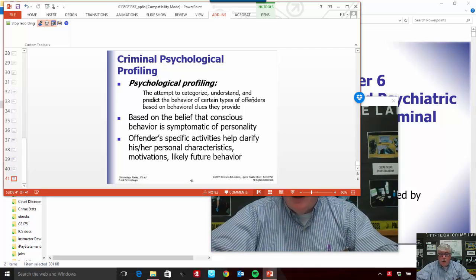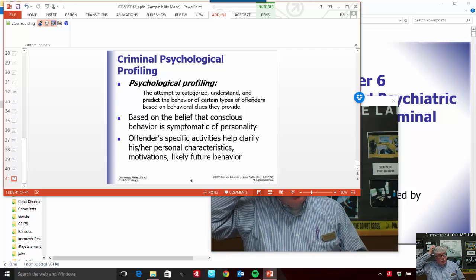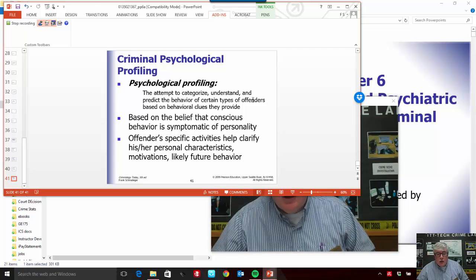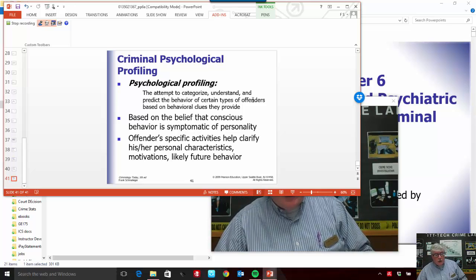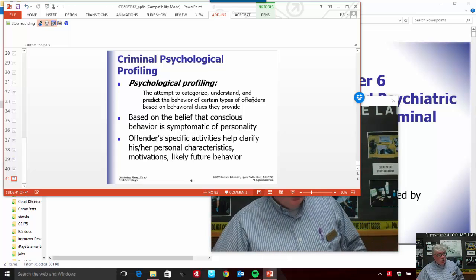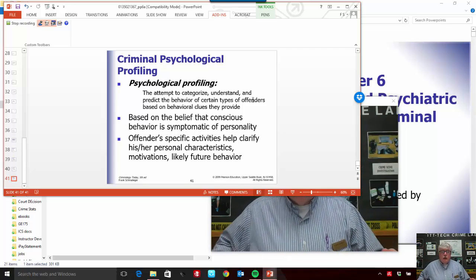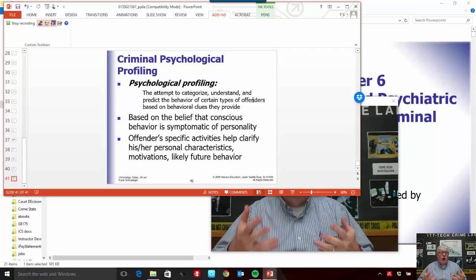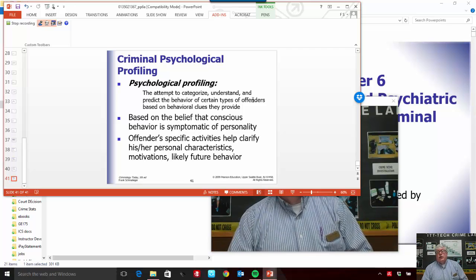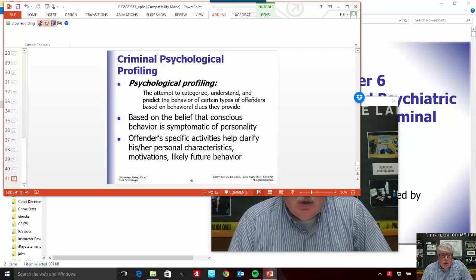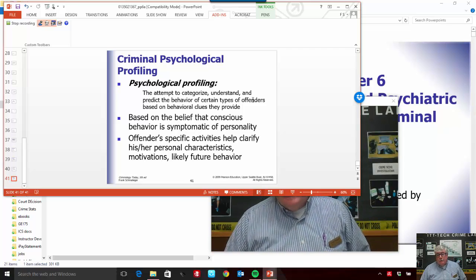Psychological profiling. Some of you, I'm sure, have heard about psychological profiling. The FBI has their profilers. I know some people, when they've come into this program, have told me, oh yeah, I want to be a criminal profiler. And that's basically the idea of trying to understand, predict behavior of certain types of offenders. It's very difficult to do.